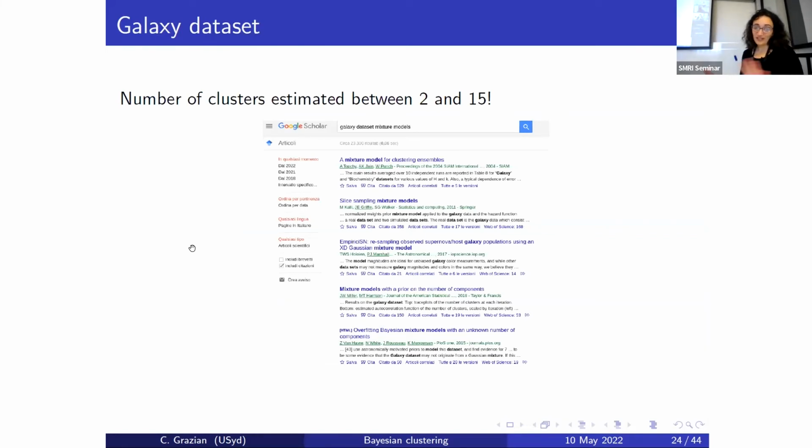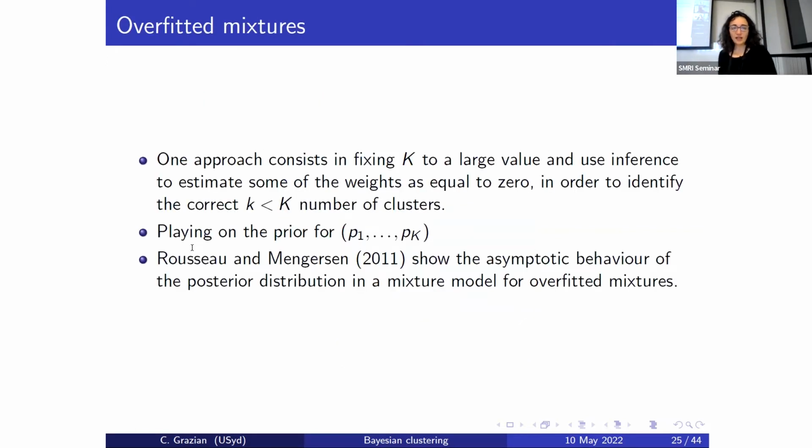There are many papers about this, but the number of clusters estimated is between 2 and 15. So if you remember the question, 15 seems a bit high. So one approach is to fix the number of clusters to a large value and use some inference to estimate some of the weights to be different from 0 and some of the weights to be equal to 0.